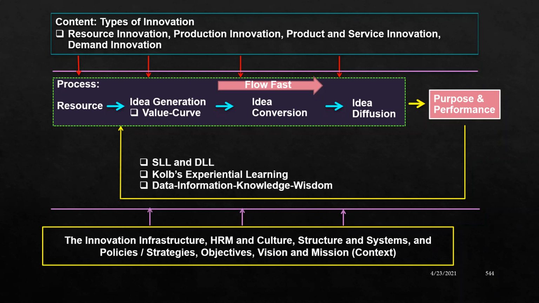So we deal with single loop learning, and we have double loop learning, looking at and challenging our assumptions, and then we have experiential learning based on what we learn from experiences, and then we turn it into theoretical extractions, and then slowly into concrete experience, and things like that. Also along these processes, today's digitized society has the availability of a lot of sensors and IoT, the Internet of Things.